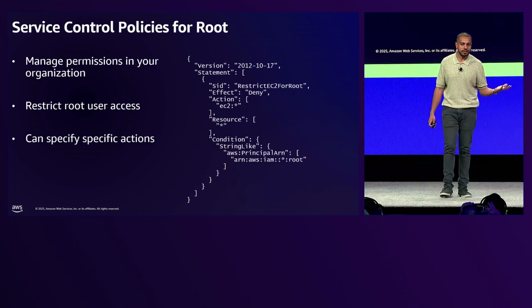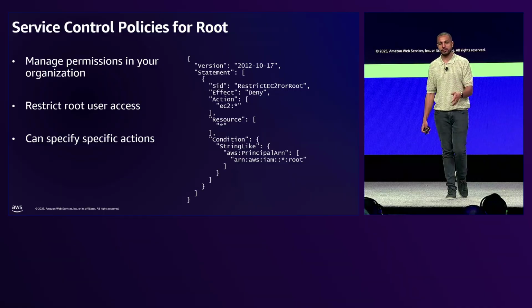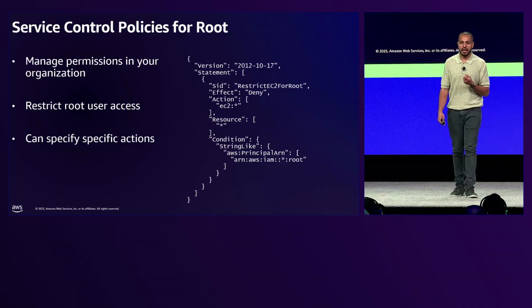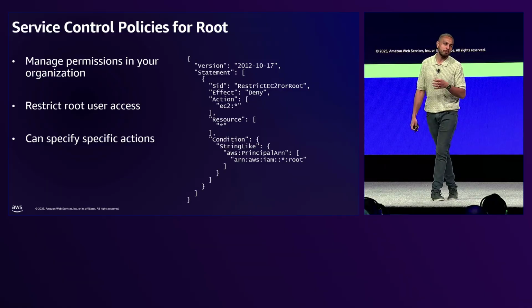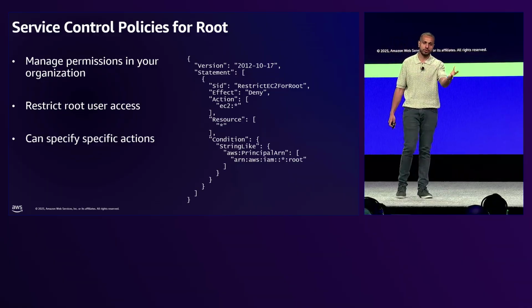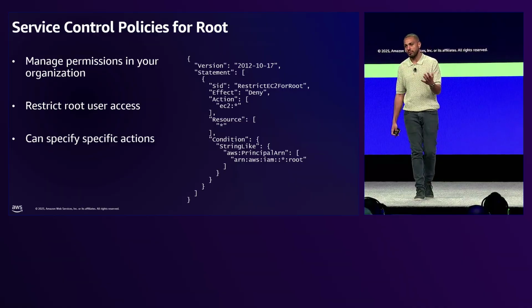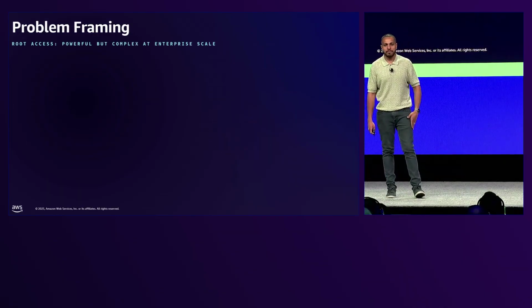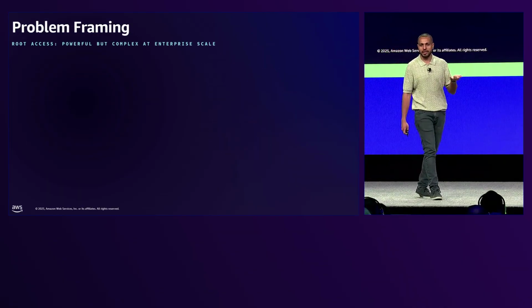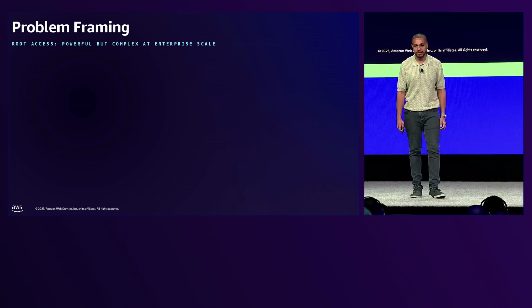It works, root cannot touch EC2, but it's very blunt. And if you genuinely need root for emergency access, first you would probably have to move that specific account out of your AWS organization, or relax that policy to do the job that you need to do, and remember to undo all that once it's done. So effectively, yes, it's protected, but it feels a little bit manual, with some operational tax.